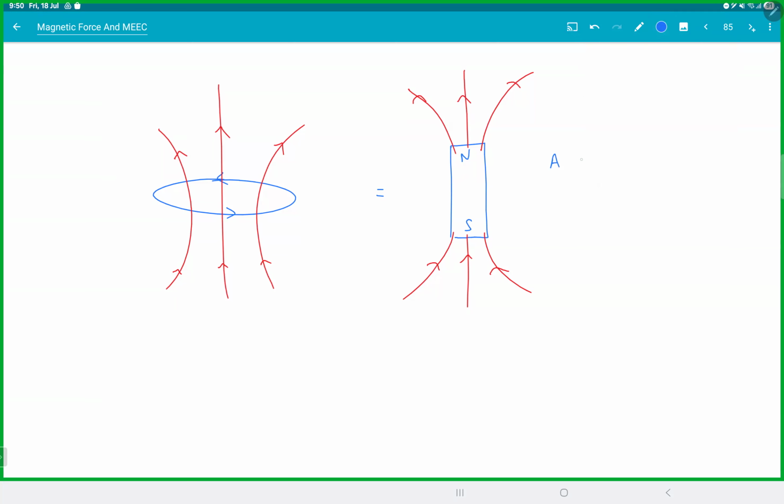Technically, you can't tell the difference between the field lines. So this idea is important. Later on, when we do certain problems, you can compare this coil to a magnet and solve problems. That is about an arc.